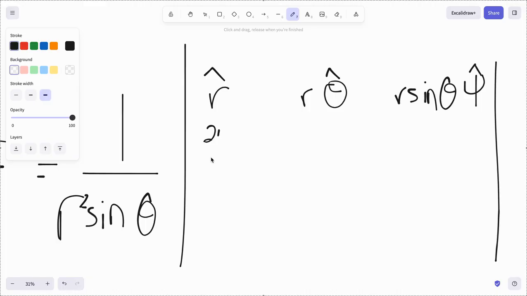And then partial r, partial theta, partial omega.